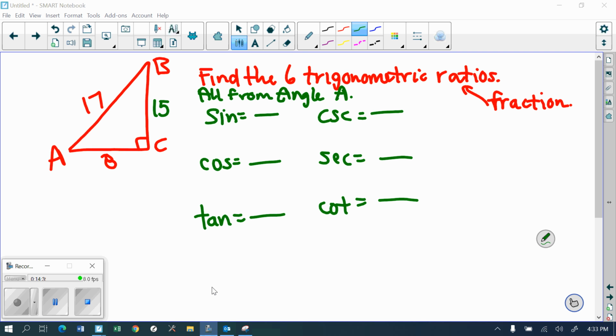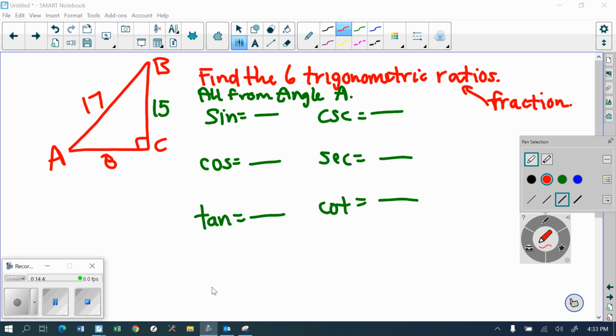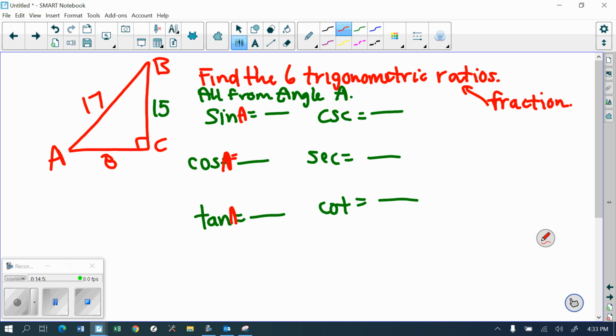Okay. All from angle A. So I could have put in A right there. A. So this little piece come over. A, and A. I'm going to squeeze that in there. Okay, so that means theta is angle A.